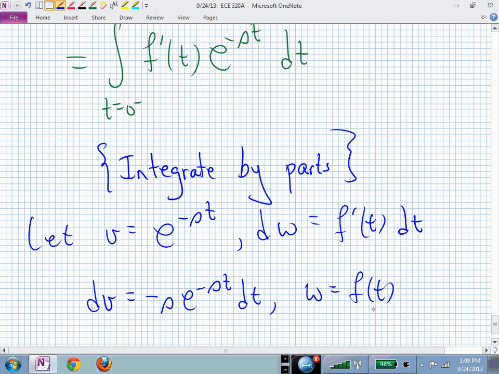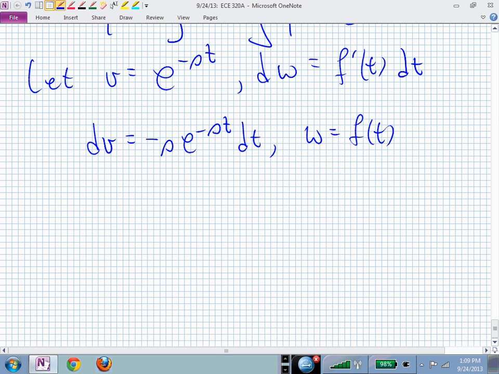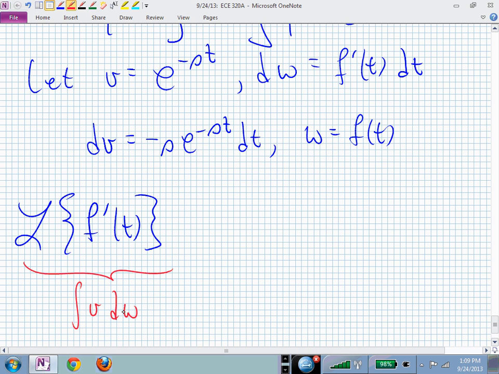Good, now we've gotten rid of the derivative, because now we can say that the Laplace transform of f prime of t is now our integral of v dw. We're going to say that's vw evaluated at the limits minus the integral of w dv, right?